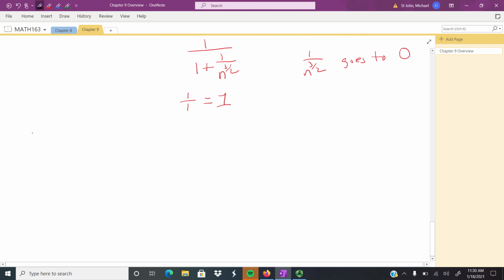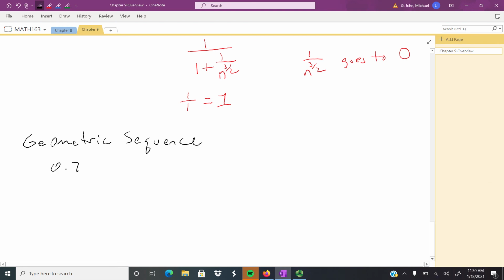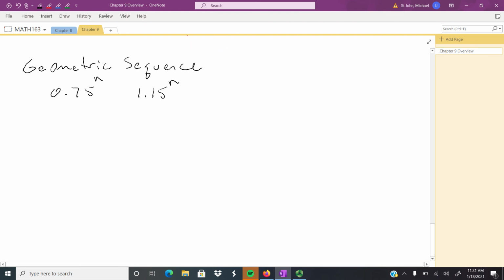Other types of sequences, we had geometric. So a geometric sequence was something like this: 0.75 to the n, 1.15 to the n, and so on. Okay. So let r be a real number.